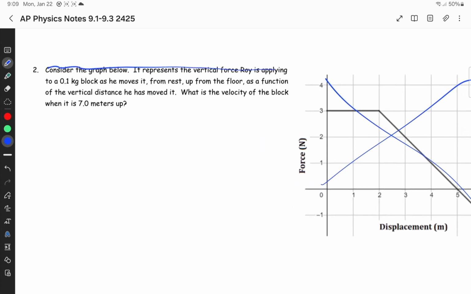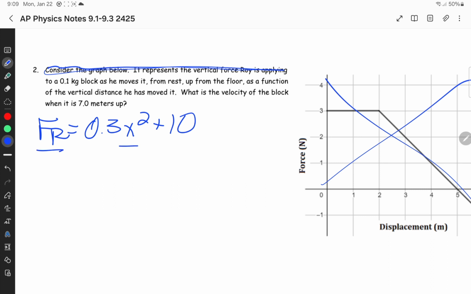but instead of Roy's force being given by the graph, suppose I told you that the force of Roy was, oh shoot, I have it written down somewhere. Where did I put it? Too many papers. Let's go 0.3 x squared plus 10. Okay, so again, this is a force that depends on position, right? So we would solve it the exact same way, except this time to calculate the work of Roy, because our force isn't constant, we would have to integrate Roy's force with respect to position from the starting position to the ending position.